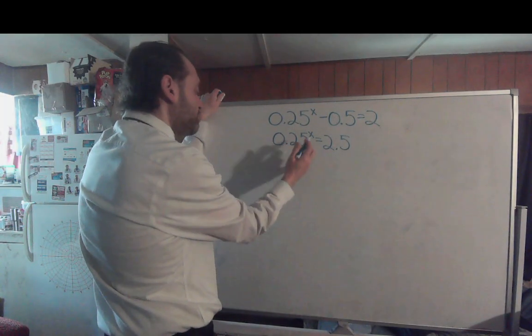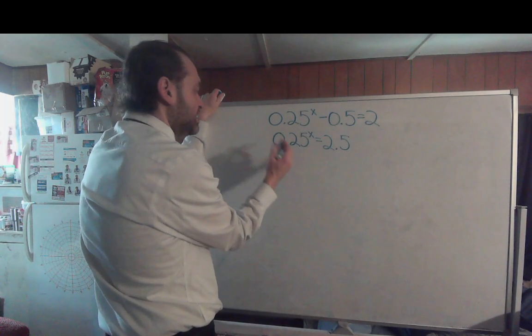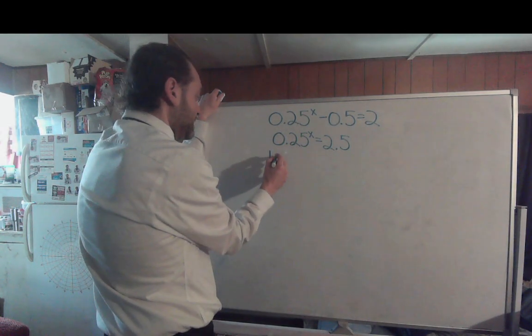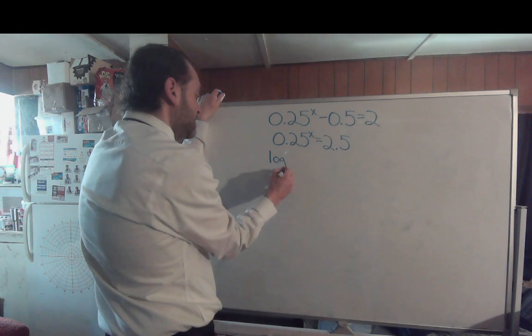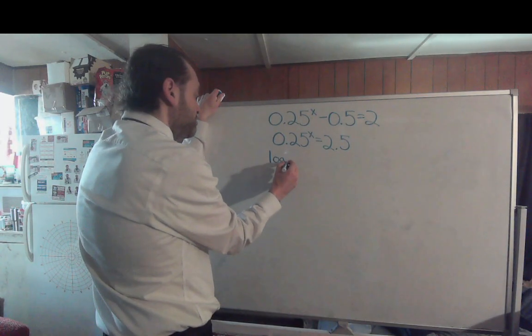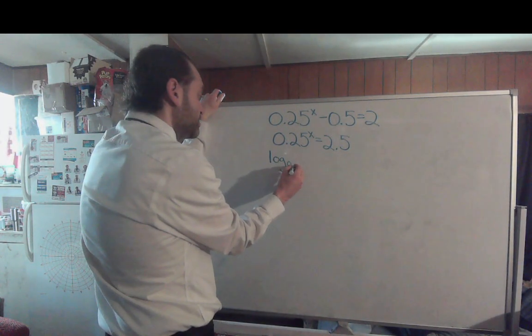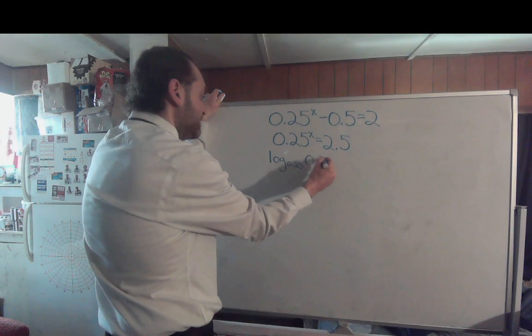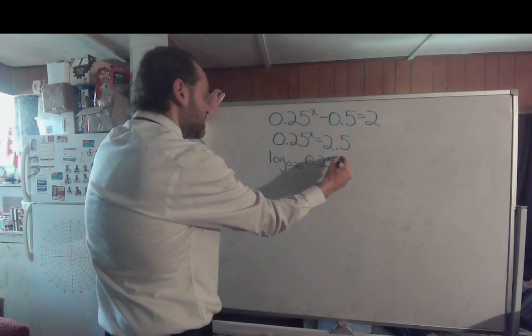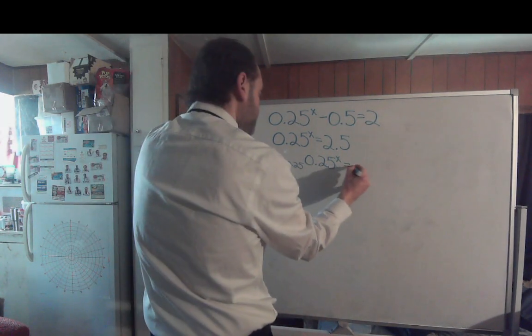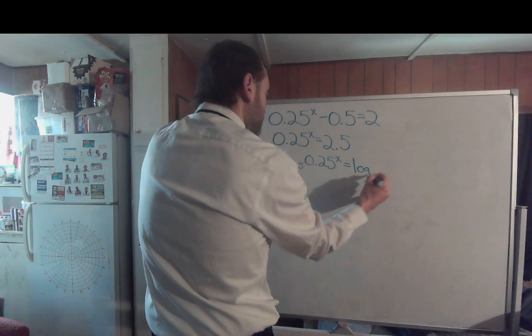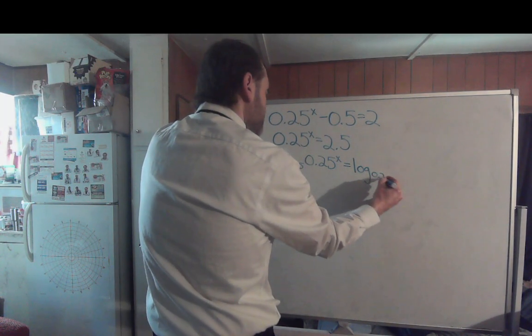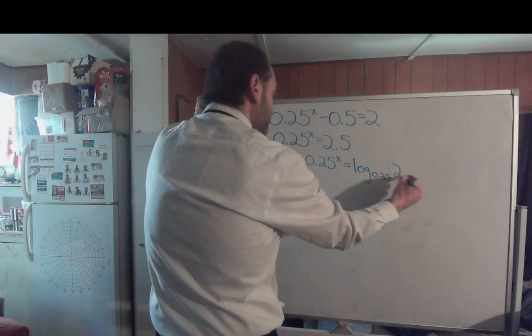Okay, so 0.25 to the x. Take the log of those bases to both sides. So log base 0.25 of 0.25 to the x would equal log base 0.25 of 2.5.